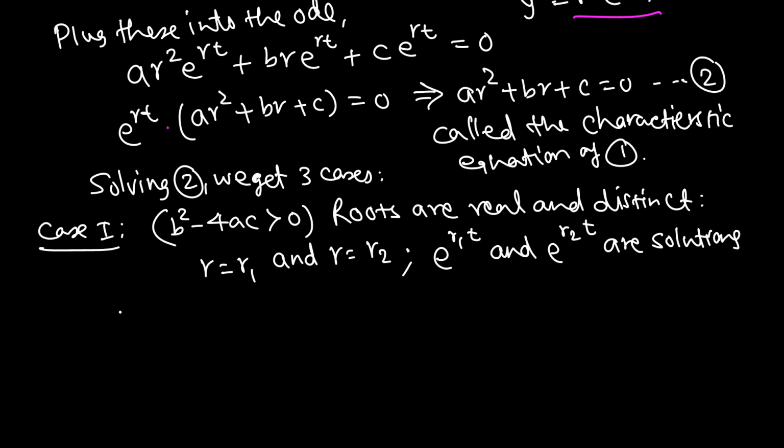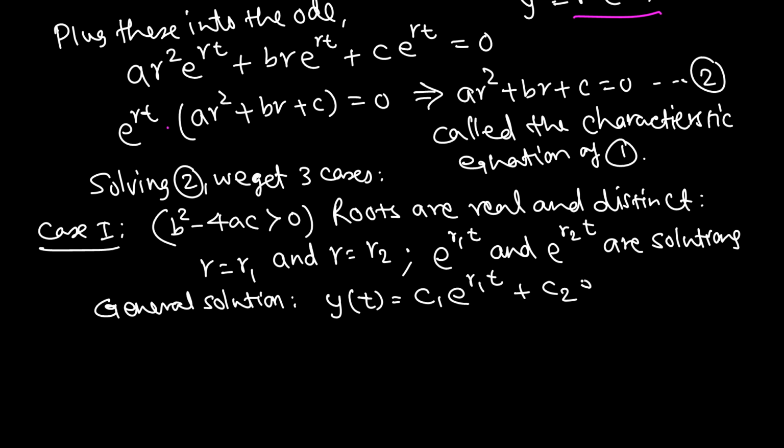The general solution would then be y equals c1 e raised to r1t plus c2 e raised to r2t. If initial conditions are given, we need two initial conditions. In that case, we can determine the unique solution, I mean, we can determine c1 and c2. That's case 1.